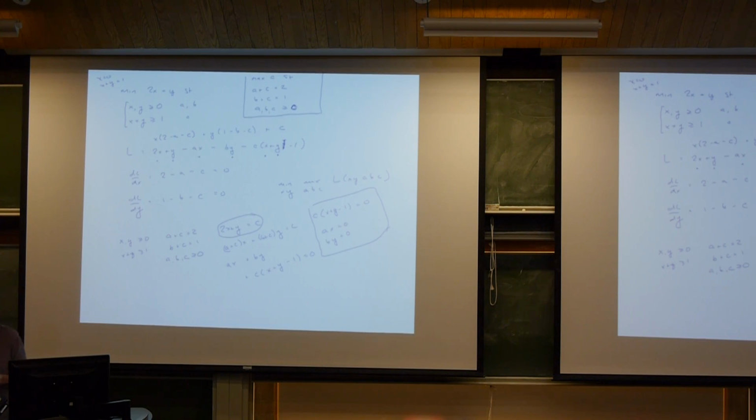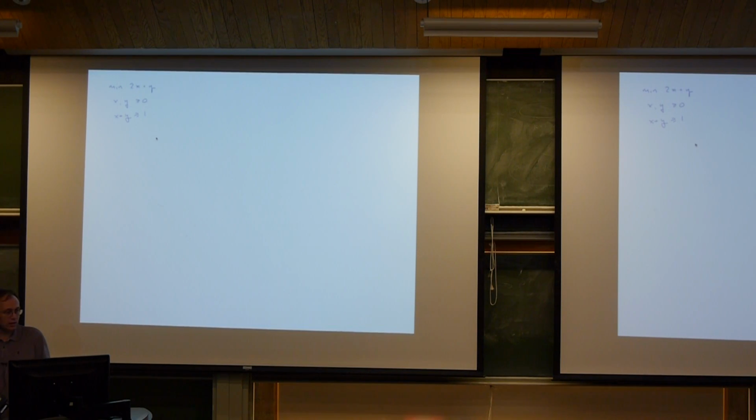Okay, so now we go to doing this the other way. This is min 2x plus y, where x and y are greater than or equal to 0, and x plus y is greater than or equal to 1, right?